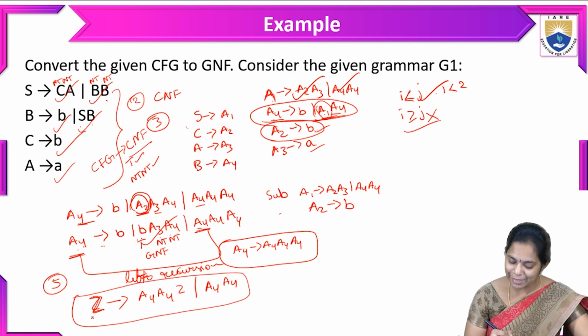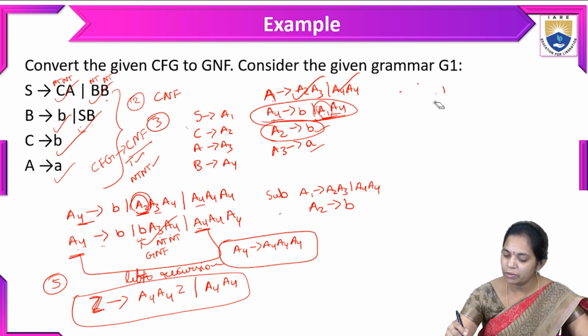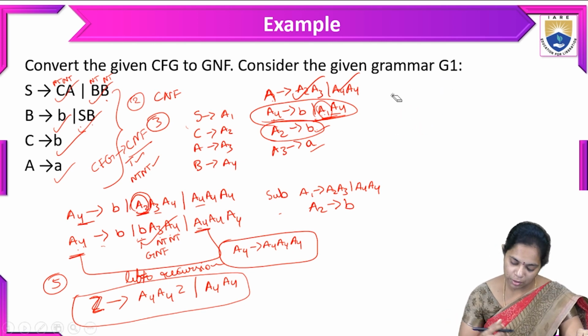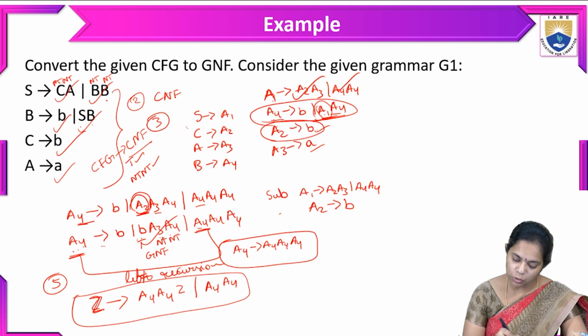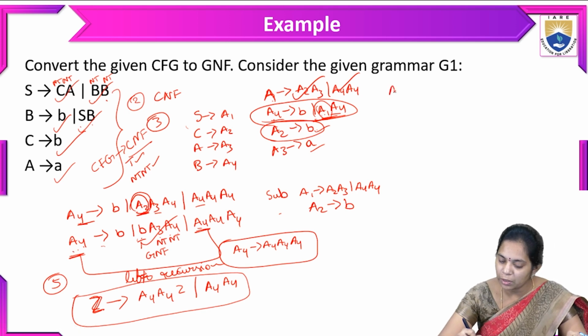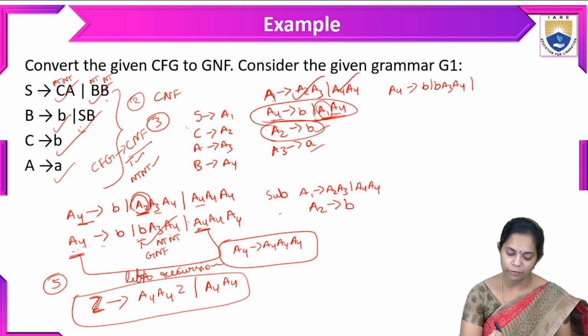Now we will substitute this production rule in the entire grammar. So here we will write the entire grammar, and in this production rule also we will substitute. First let me substitute this new non-terminal symbol. So B, I am writing the remaining part B, A3, A4, and here we have to substitute this production rule instead of this one.